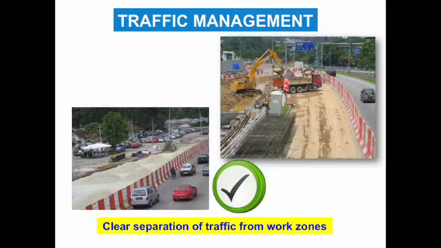Another element is the separation of live traffic and the work zones. So here is a good example of clear separation of traffic from the work zones. Okay, the areas are separated by the barriers and the hoardings that are put in place by the contractor.